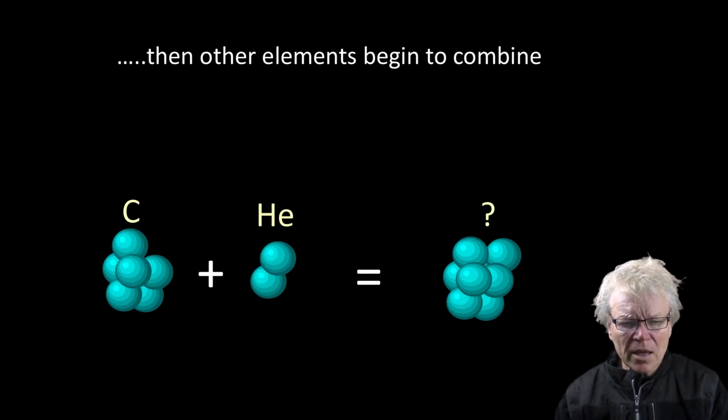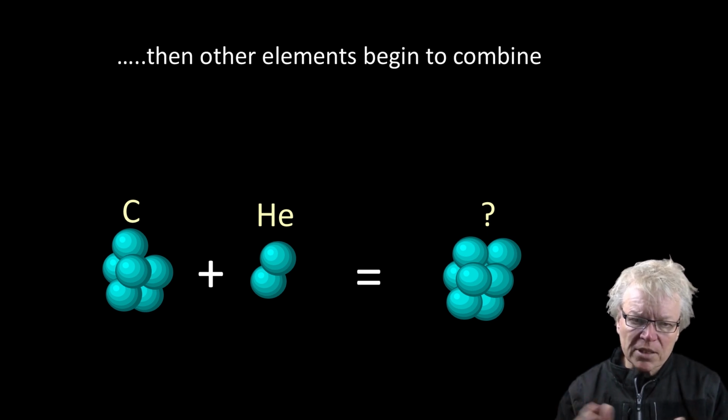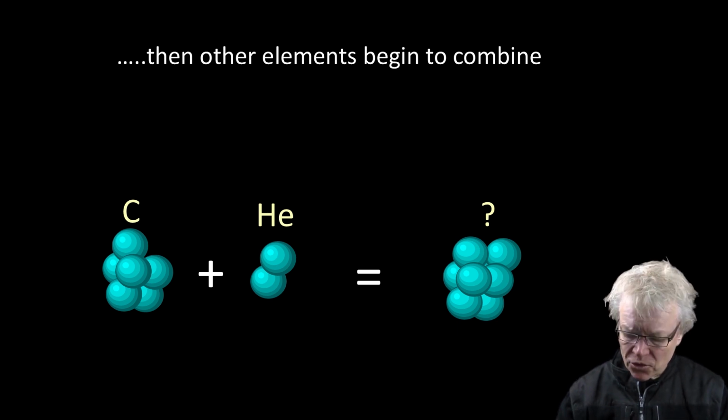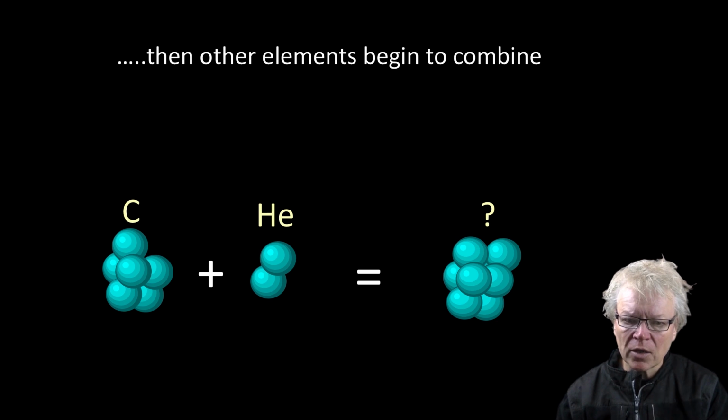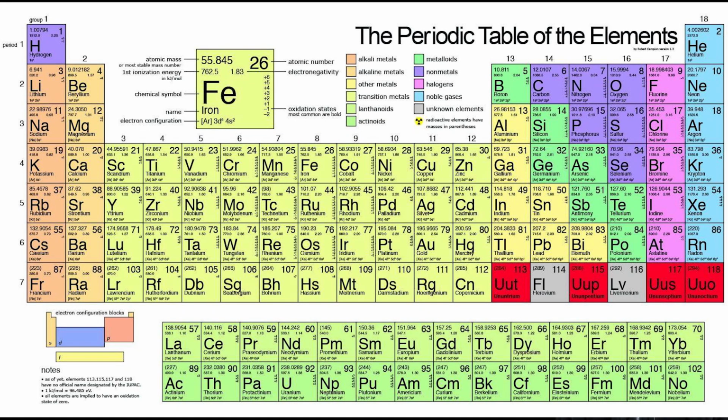Then, if the star is large enough, carbon can start fusing with some of the helium. And what does that produce? Well, now we've got an atom with 8 protons in the nucleus. We look at our periodic table of elements. There you go. It's oxygen.